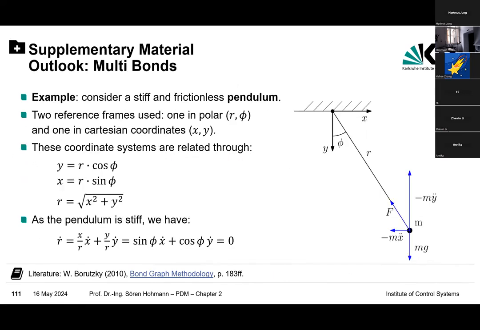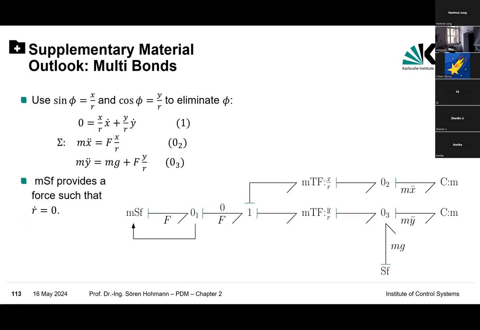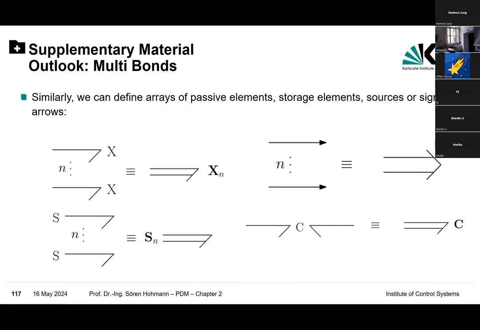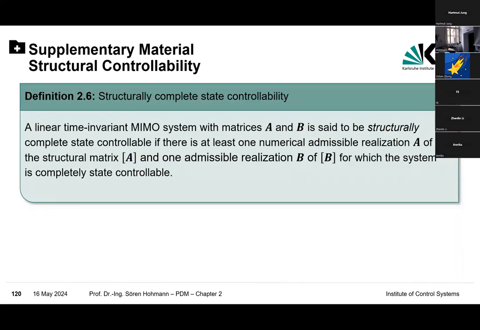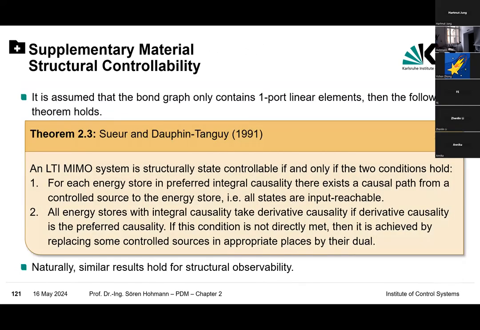So what I want to highlight with this nice result, and therefore supplementary material, just to give you an impression, is that there's a lot of theory which dates already back into the 90s, as you see. One step further, you see that some of the properties can directly be seen from the system itself, from the physics, from the elements.